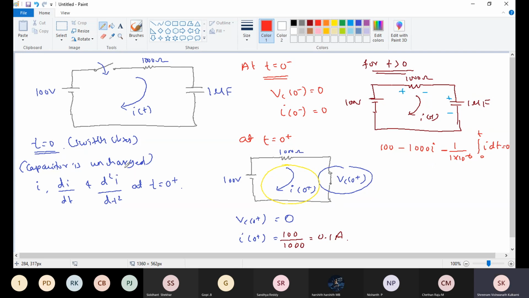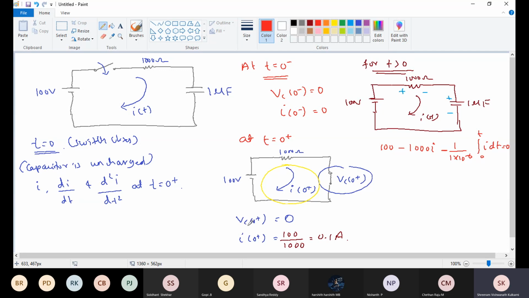First, what I did, I assumed the initial condition at t equal to 0 minus. See, I am not assuming; in the question itself they have given that initially the capacitor is uncharged, in the sense initial conditions at t equal to 0 minus, Vc at 0 minus and i at 0 minus, are 0. At t equal to 0 plus I am reading the circuit, knowing the capacitor is short circuited and the inductor is open circuited at t equal to 0 plus.